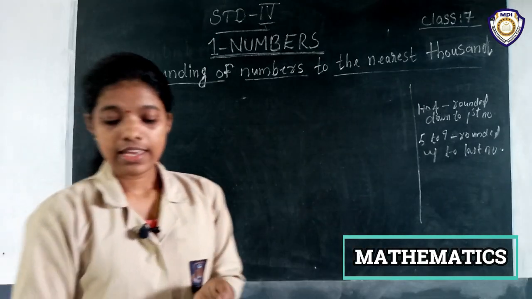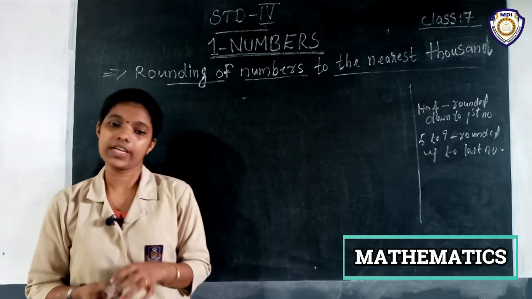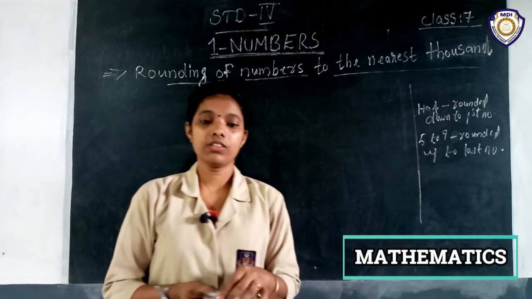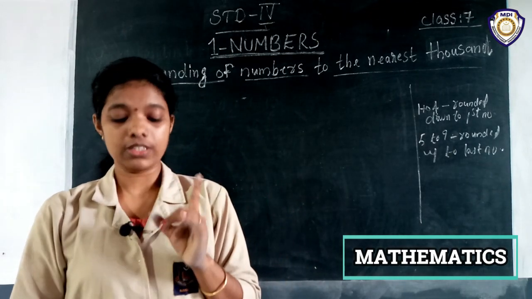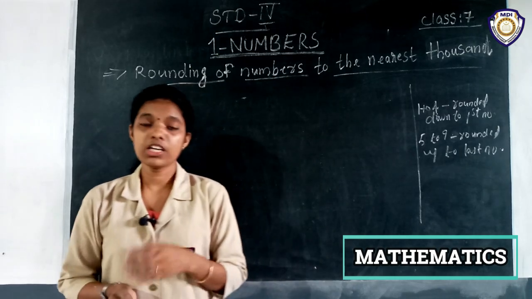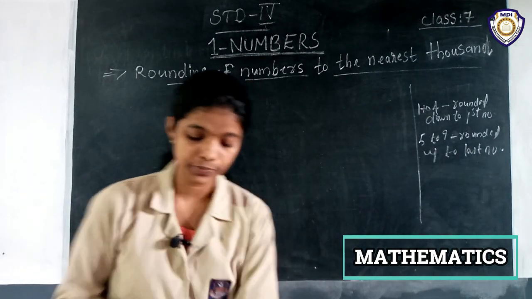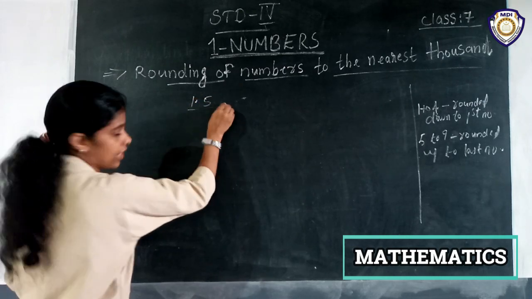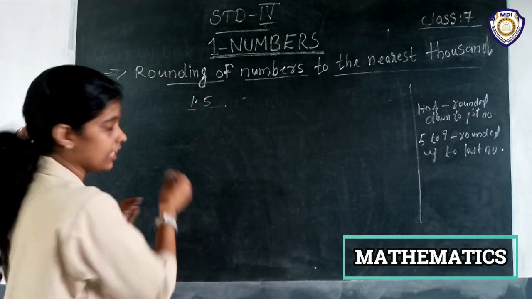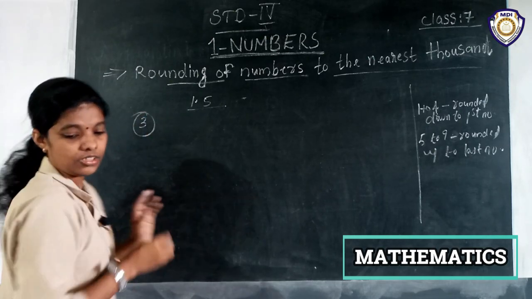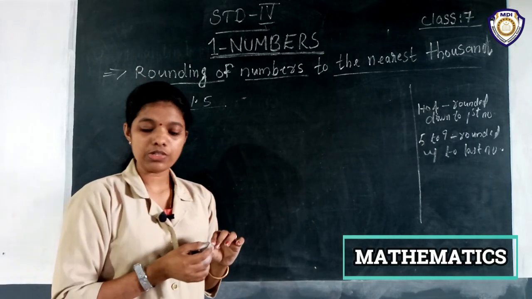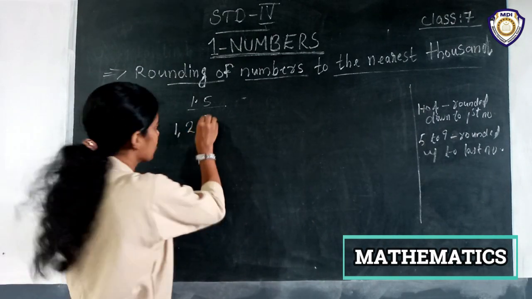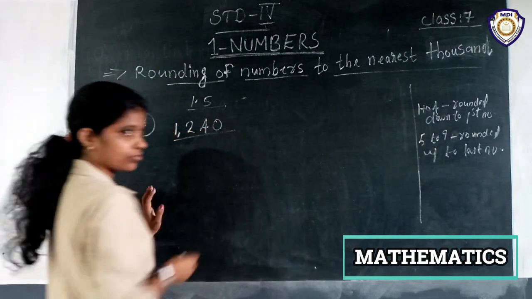Next, Exercise 1.5, third one. I will explain one question from this part; the remaining are your homework. Round off the following numbers to the nearest thousand. 1240 is the number.